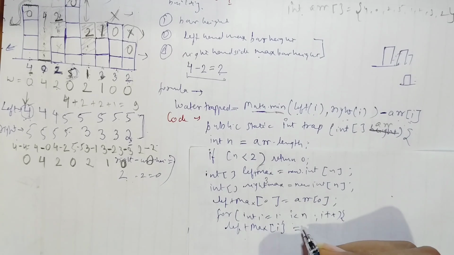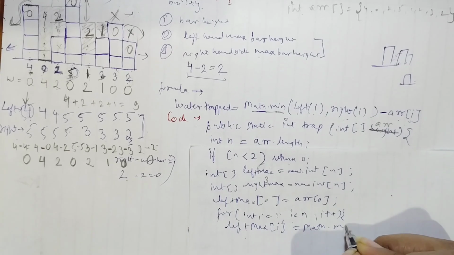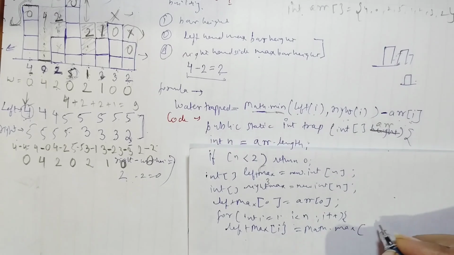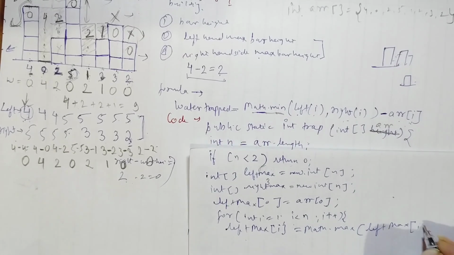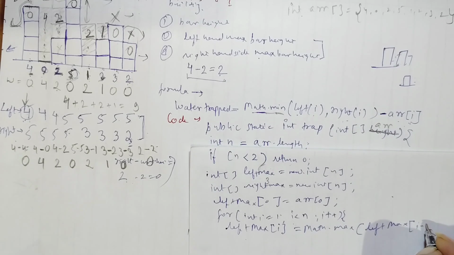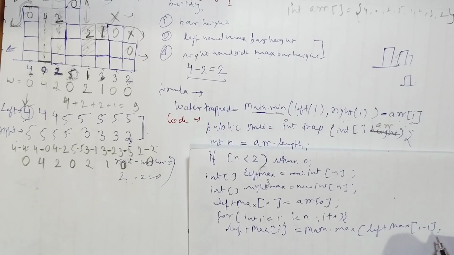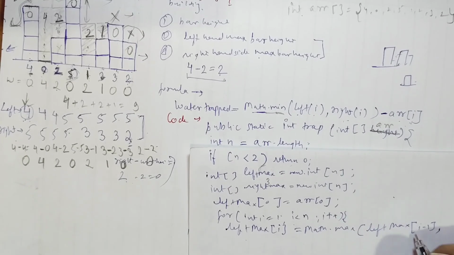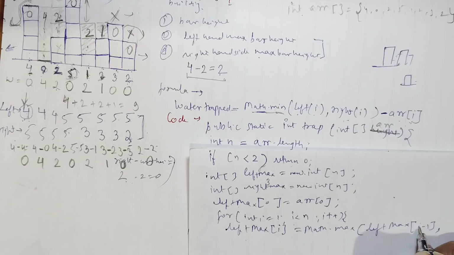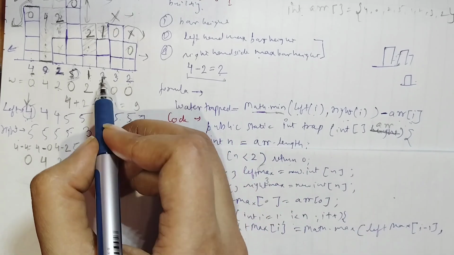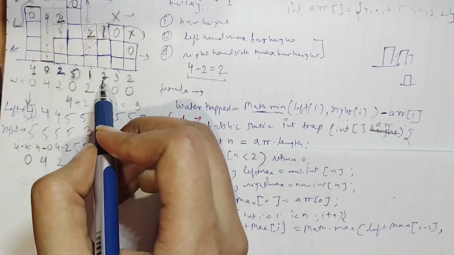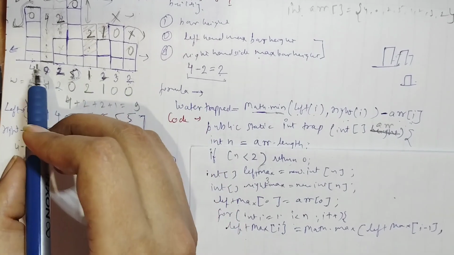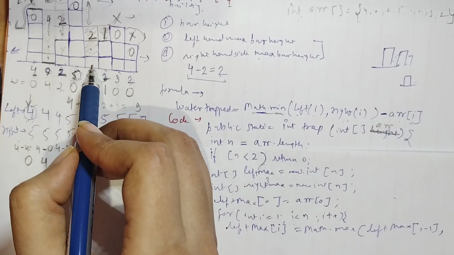So for that I am writing left max of i, index, Math.max. It will find the maximum value here: left max of i minus 1, the first value, which is our left max of i minus 1. When we are comparing for this, its index number is 0, 1, 2, 3, 4, 5.